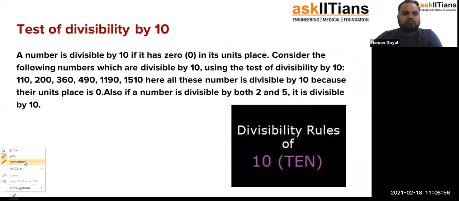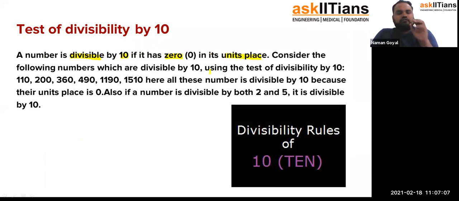Divisibility test for 10. A number is divisible by 10 if it has 0 in its unit place. If there is a number which has 0 in the unit place, then the number is definitely divisible by 10.